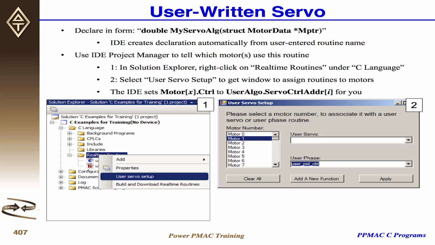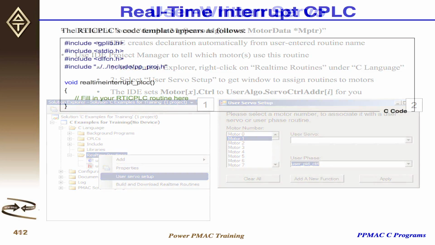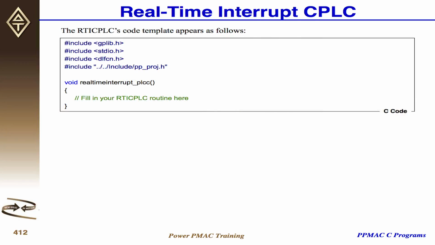Other threads. We'll talk about that more later. And this is what the code template looks like. By the way, I just want to point out a couple things about the code template that's handy. gplib.h is where the vast majority of the PMAC related stuff is. So to get at anything PMAC, you need to have gplib.h included.